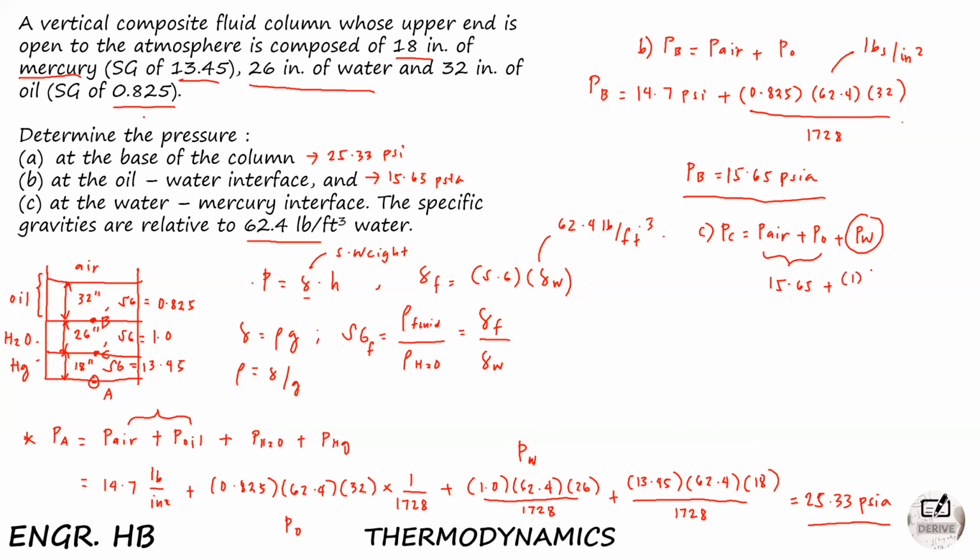So that will become 1.01 na lang times 62.4 times 26 divided by 1728. And expect, guys, that this is again lower than 25.33 but is greater than 15.65 kasi 15.65 na tong first two terms here at nagdagdag pa tayo ng value for the pressure ng water. So wag mo nang burahin yung 15.65 kanina plus 1.0 times 62.4 times 26 divided by 1728. So the answer is 16.59 psi.